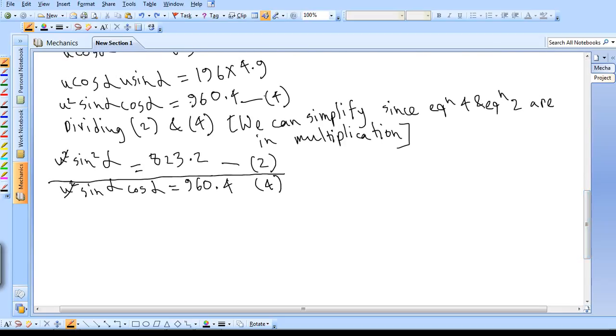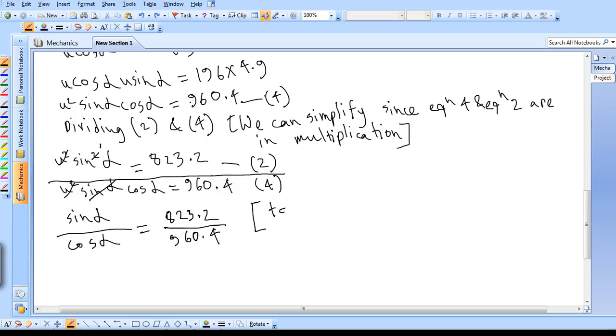This and this get cancelled out. Here 1 cancels out. The only thing that we have left here is sine alpha by cos alpha is equals to 823.2 by 960.4. So here we will use another relationship, that is tan alpha is equals to sine alpha by cos alpha.